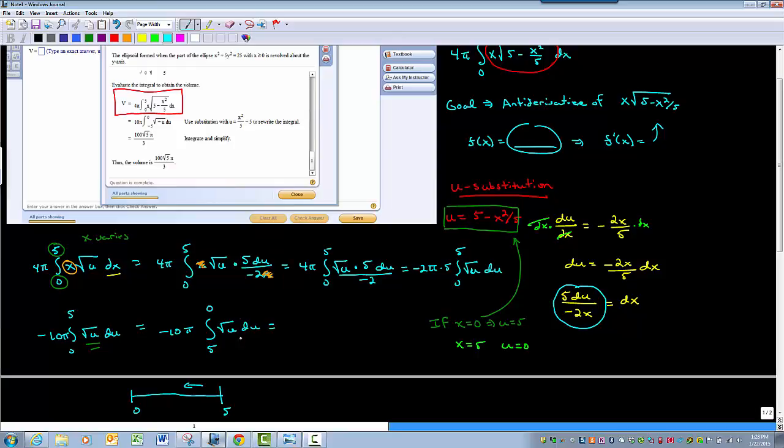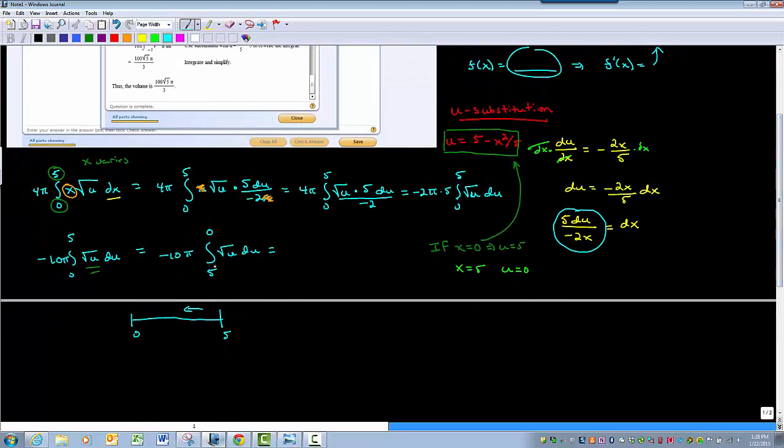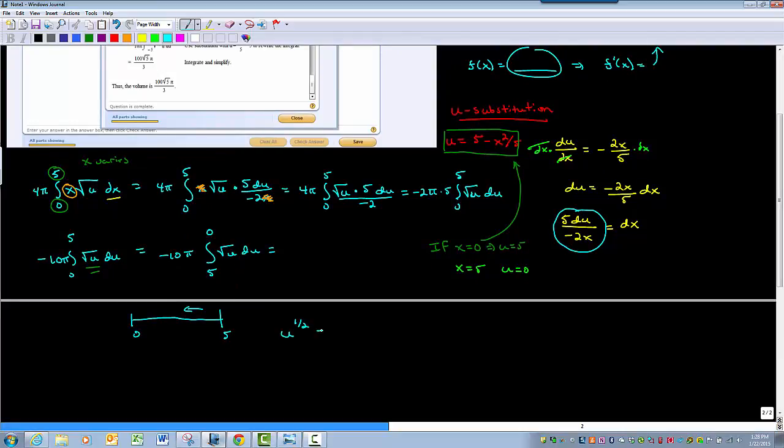Now what I need to do is find an antiderivative for square root of u. So what works its way backward? What when you differentiate gives you square root of u? So this is u to the 1/2, which if we add 1 to the power, we use the reverse power rule here. So this is going to be u to the 1/2 plus 1 over 1/2 plus 1.